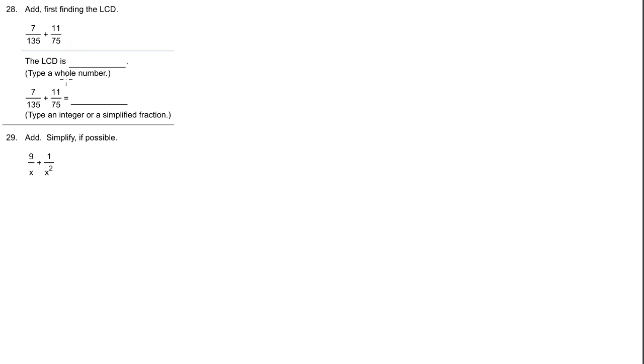So now we have to add. First, though, we're going to find the least common denominator. 75 is equal to 3 times 25, which is 3 times 5 times 5. 135 is equal to, let's see here, 5 goes into that, 5 goes into there, 5 times 27.